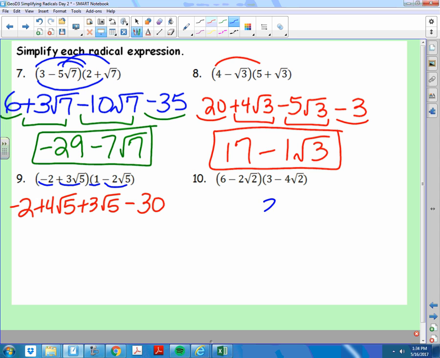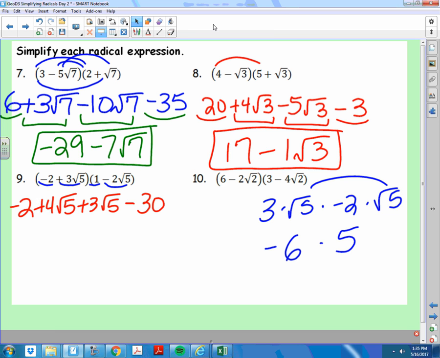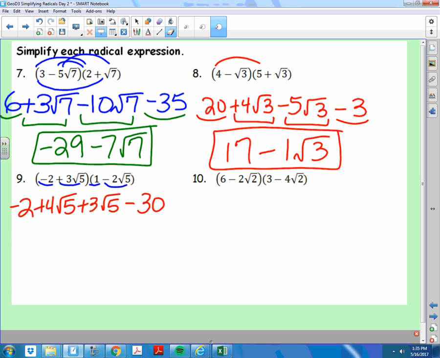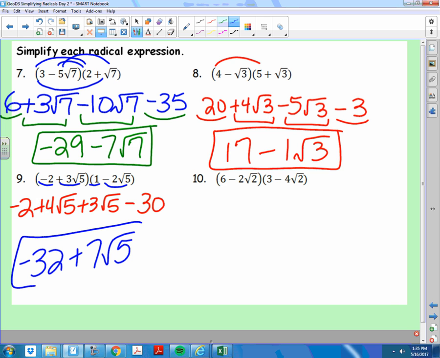If you need to write 3 times the square root of 5 times negative 2 times the square root of 5, do that. What's 3 times negative 2? Negative 6. What's root 5 times root 5? 5. If you need to do that, please do that. And your final answer is negative 32 plus 7 times the square root of 5.